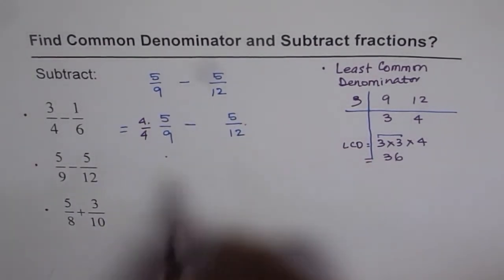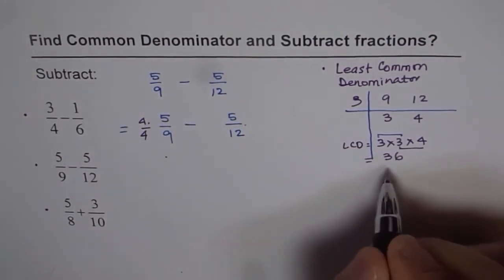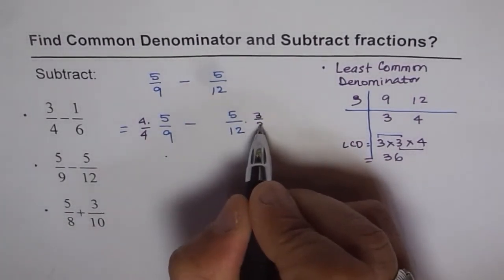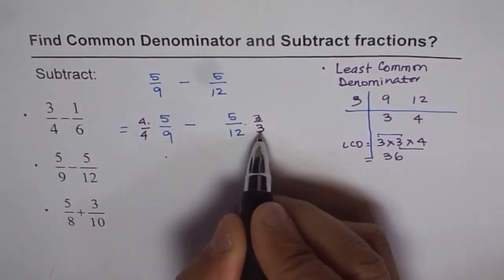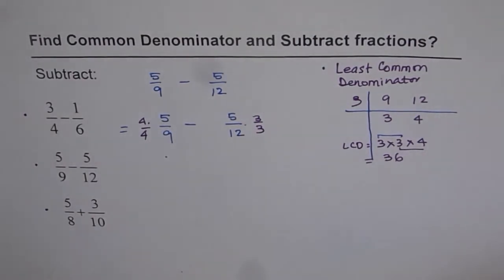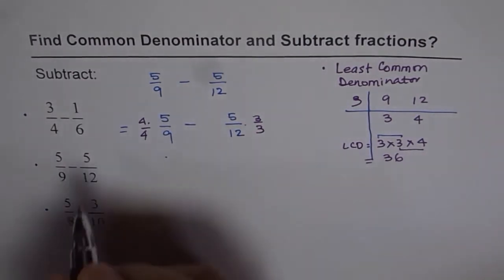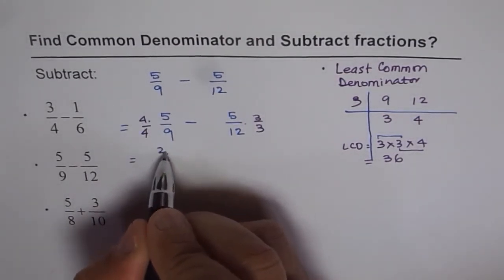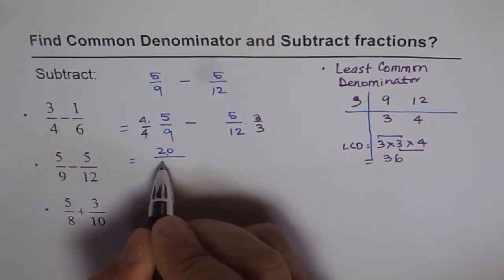Now here 12. 4 times 3 is 12. I need to multiply by 3 to get 36. So we'll do times 3 numerator and times 3 denominator, correct? So once we do this, then we have common denominator. 5 times 4 is 20, and 4 times 9, 36.